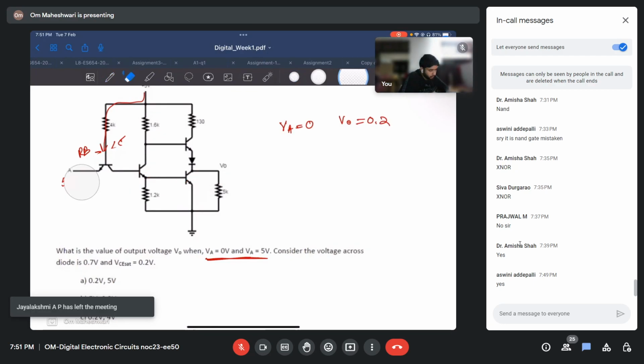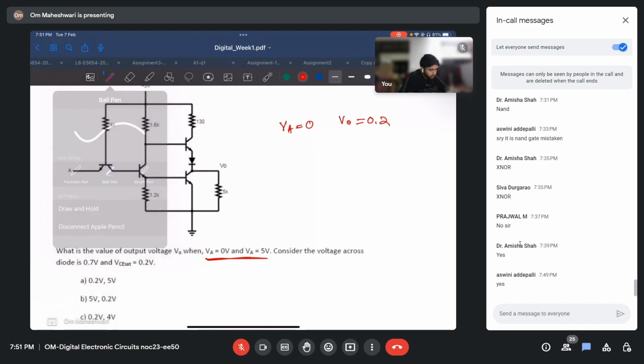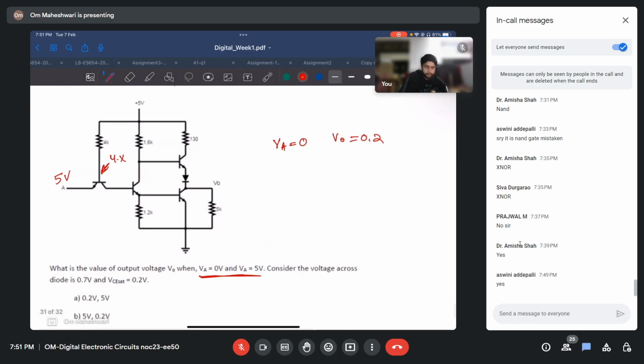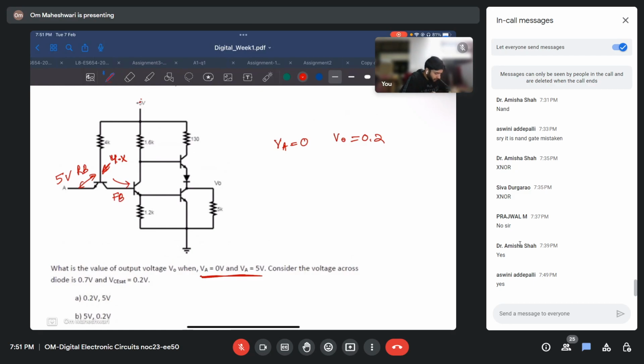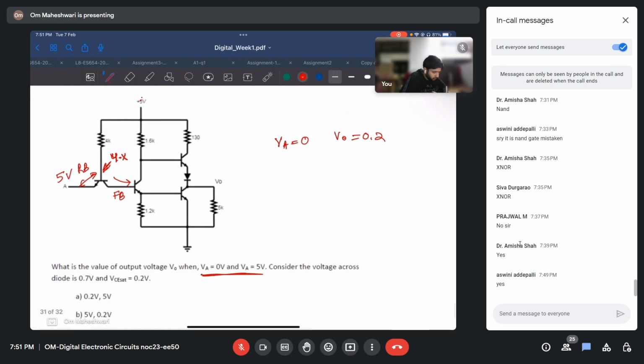I'll repeat this. I did most of it in my mind. So this is 5 volts. Even if some current flows, it will be 4 point something, because the peak voltage is 5, it cannot go more than 5 to turn this on. So here this is reverse bias, and since there will be some positive voltage here, it will be forward bias here.